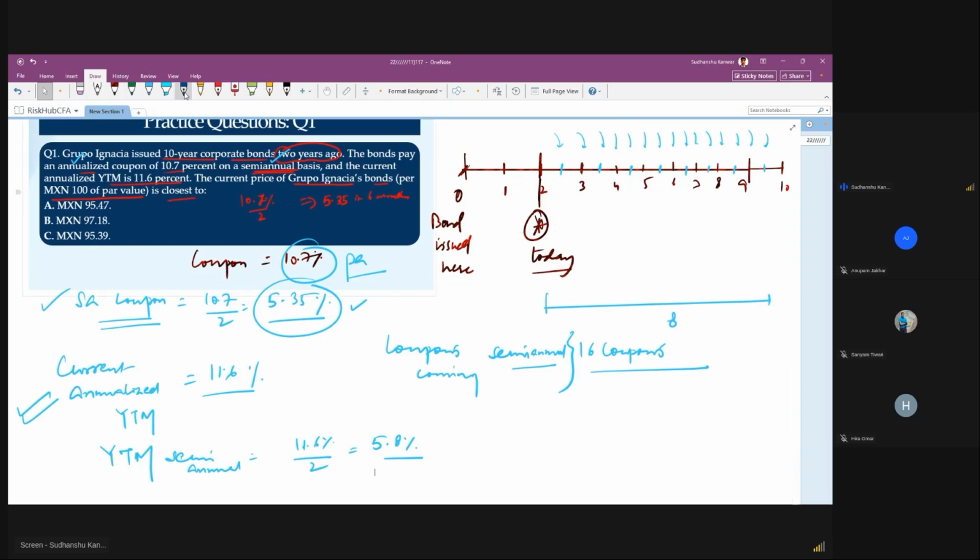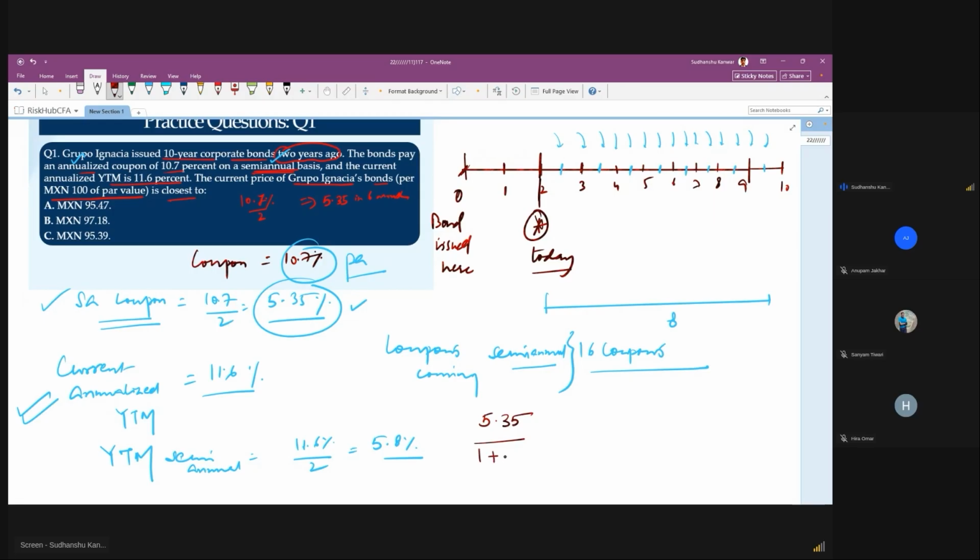So what is my cash flow? My first cash flow, if I'm sitting here, is your 5.35, which is divided by my YTM, which is semi-annual, right?